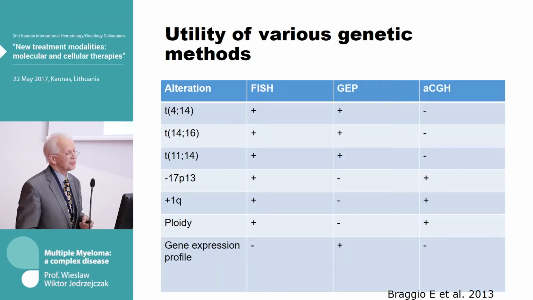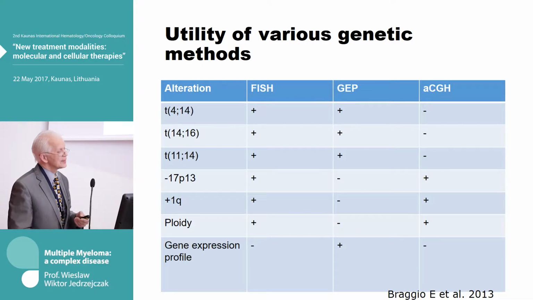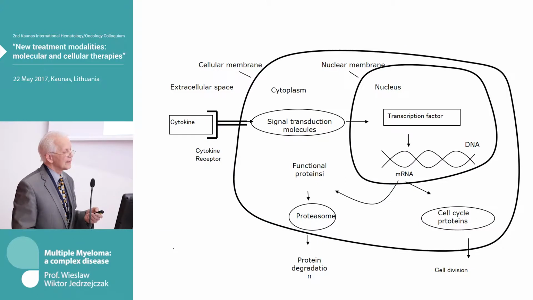There are more advanced test methods, such as comparative genomic hybridization and GEP. They have still not yet fully established routine use, but it is something that is coming, while FISH analysis is now routine.